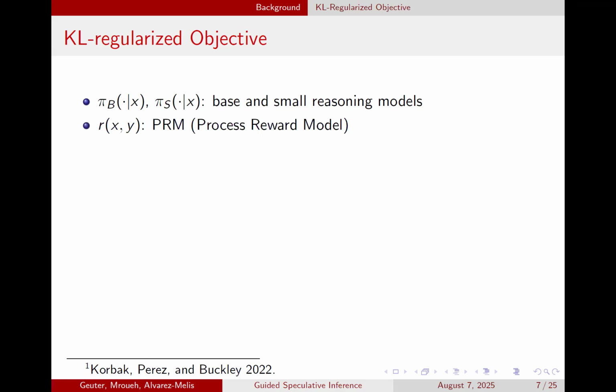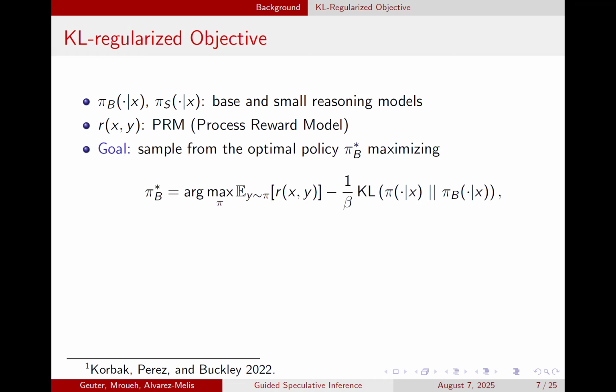The reward model takes as input a prompt X and also some Y, which can either be a complete response or just a number of reasoning steps, since we'll deal with PRMs. And now the goal is that we want to sample from the policy that maximizes this objective here. What this objective says is we want to maximize the rewards of the responses that we generate. So that's this part here.